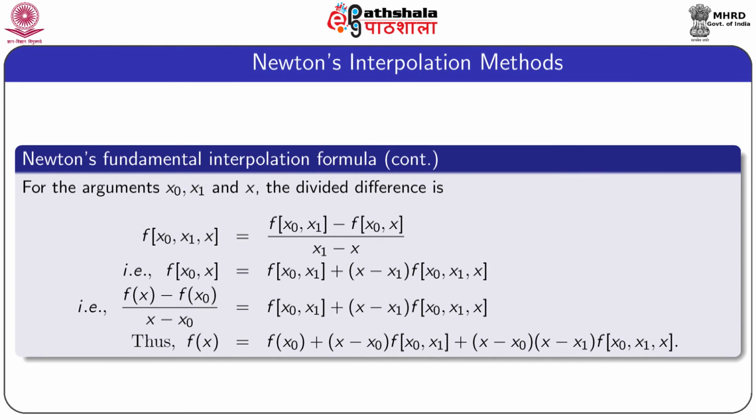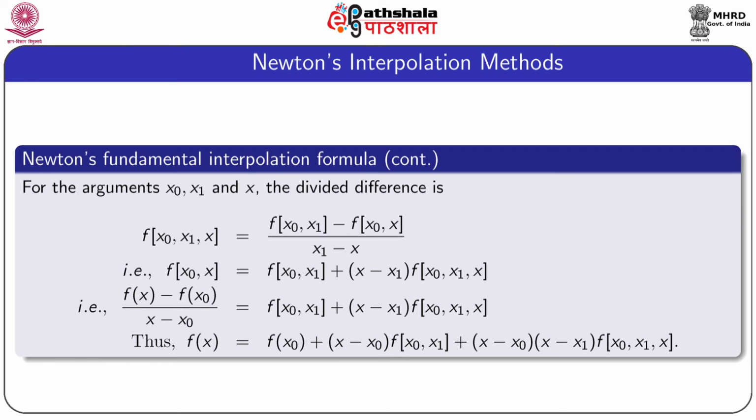And for the 3 arguments x0, x1 and x, the divided difference f[x0, x1, x] is equal to the divided difference of x0 and x1 minus the divided difference of x0 and x, whole divided by x1 minus x. So, after rewriting this expression, we have f[x0, x] equal to the divided difference of x0 and x1 plus x minus x1 into the divided difference for the arguments x0, x1 and x.